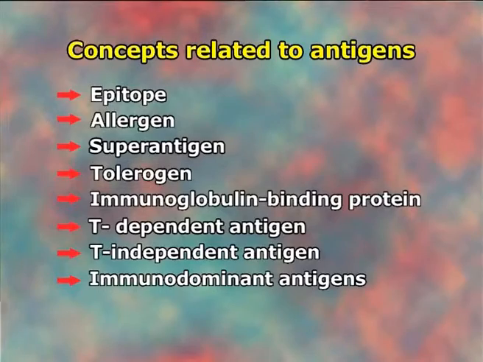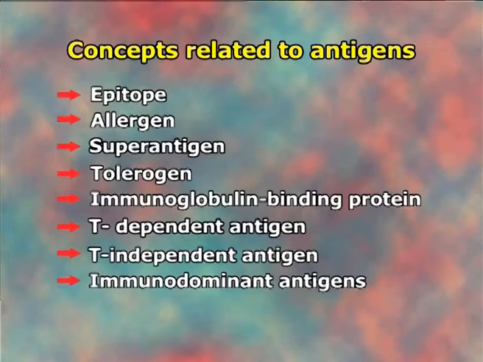Any such distinct molecular feature constitutes an epitope. Allergen. A substance capable of causing an allergic reaction is called an allergen. The reaction may result after exposure via ingestion, inhalation, injection or contact with the skin.